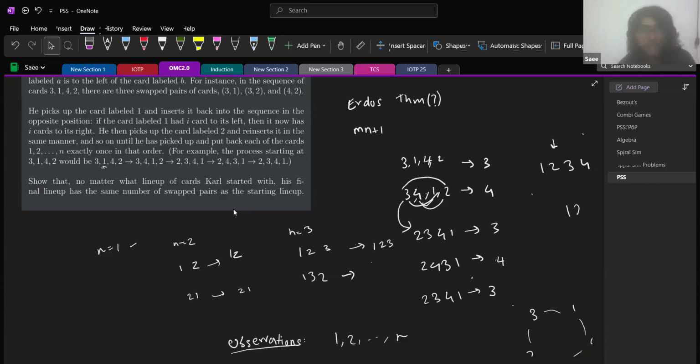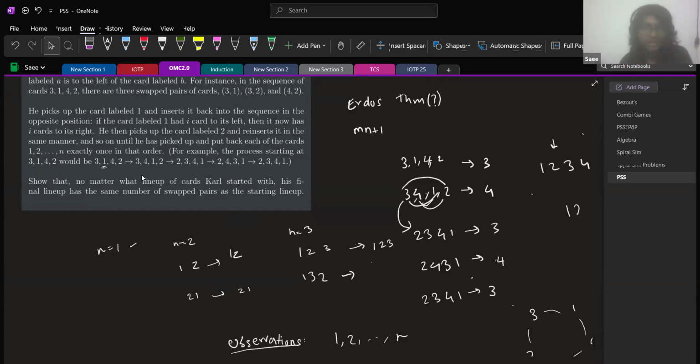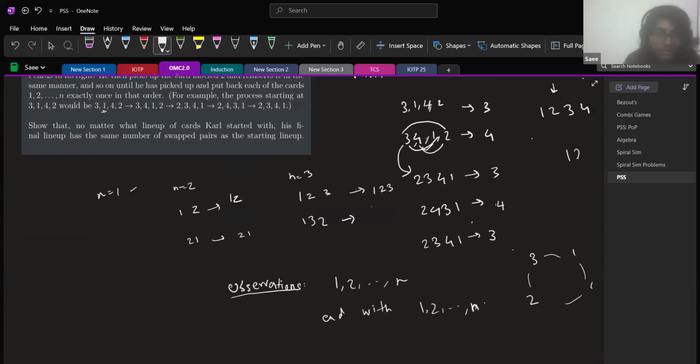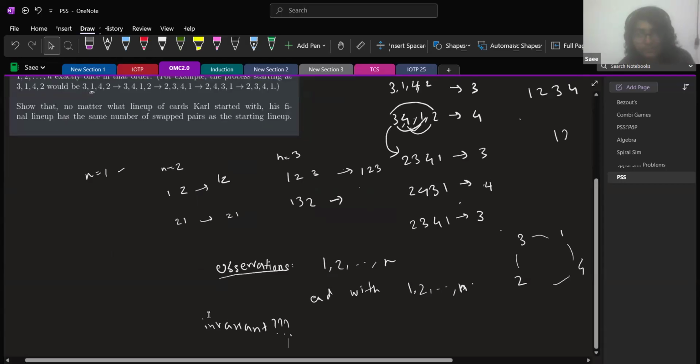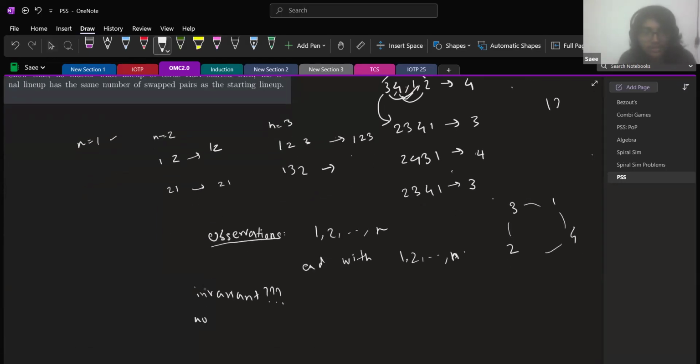I'd like to examine every step of the process and observe that something is not changing throughout. So the thing to hope for is some sort of invariant, which is not changing throughout the process, not just at the beginning and the end.